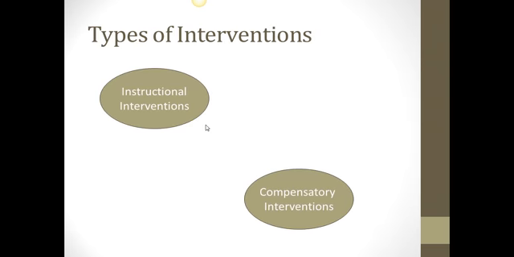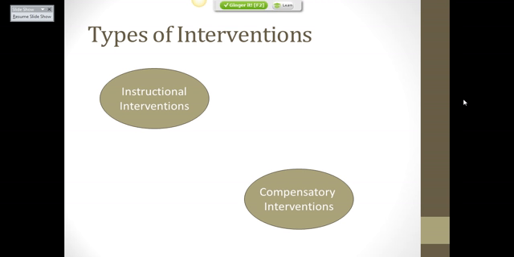When we focus on interventions, because that's really what we do in education, we provide interventions. Most of the time we talk about instructional interventions. By putting that intervention in place, it allows the student to learn a new skill.